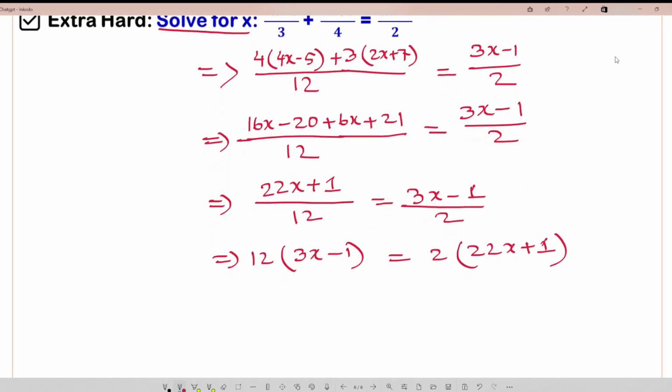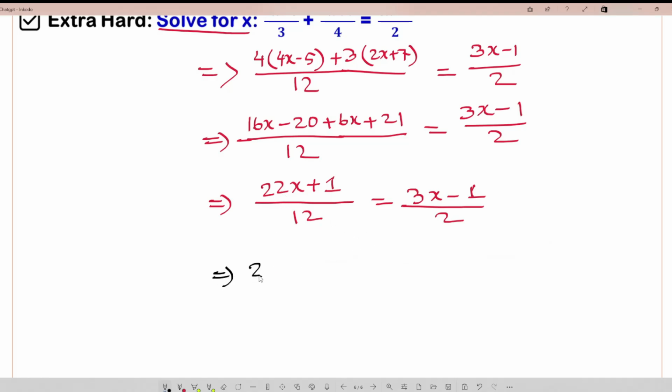Okay, so we can do one thing. Look, 22 times 2 is 44, and 12 times 3 is what? 36. So carefully, or it's common sense, we can write 2 times (22x + 1) equals 12 times (3x - 1). It will be easier for us.